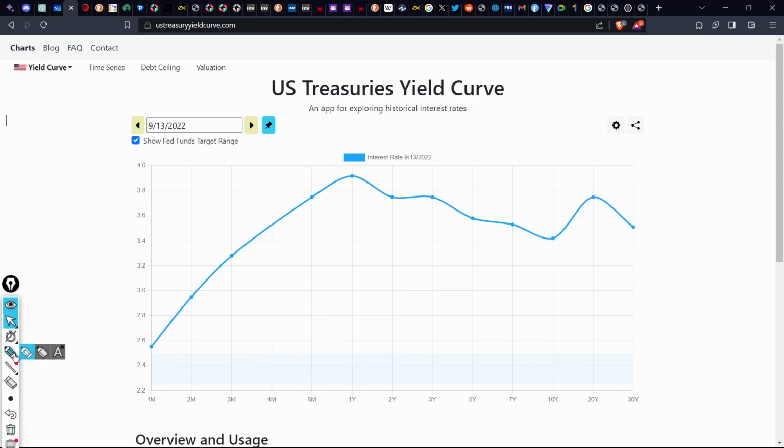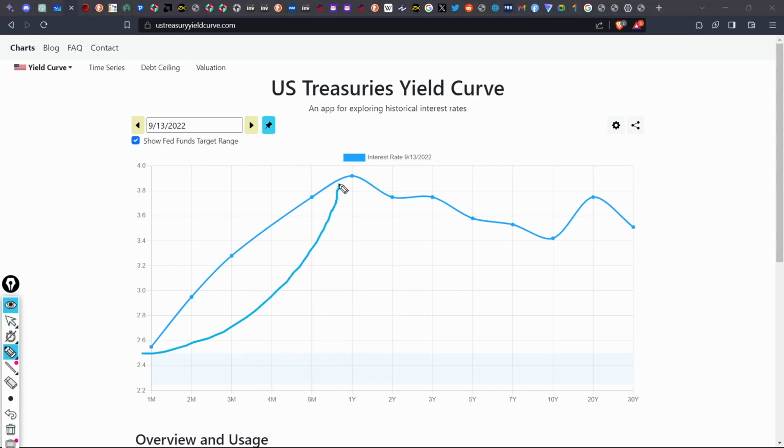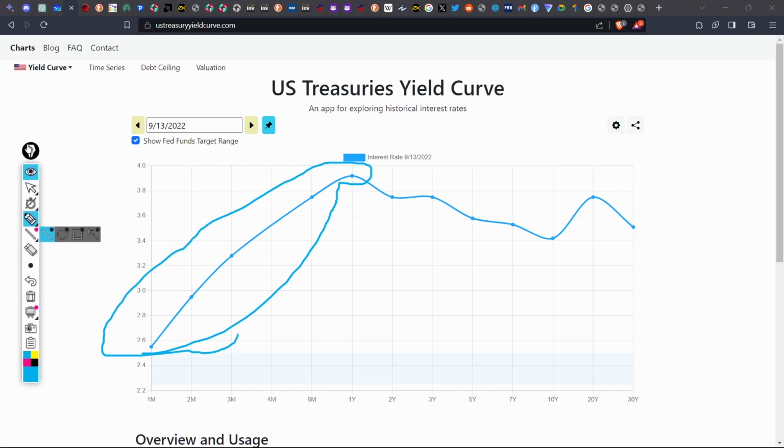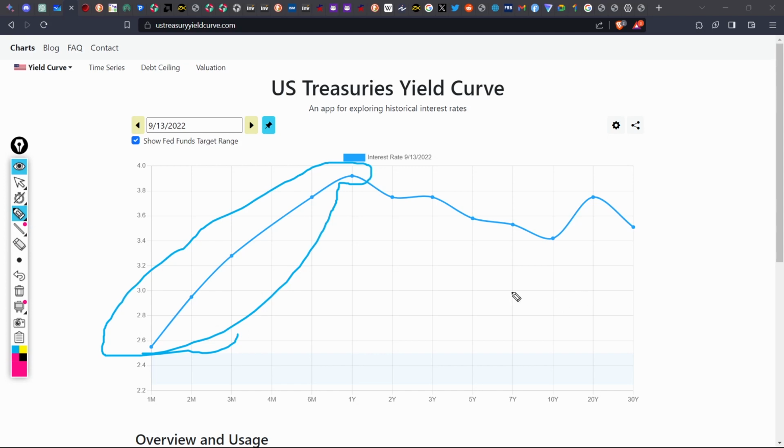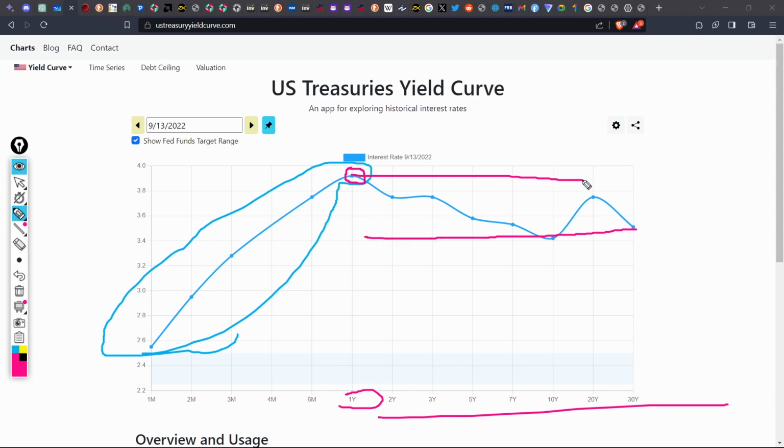This general shape, this part, you can just ignore it, and we're going to focus on this other part from the 1 year to the 30 year. You can see between the 1 year and the 30 year yield, it's pretty much flat. This is how it usually goes when the yield curve is inverting.